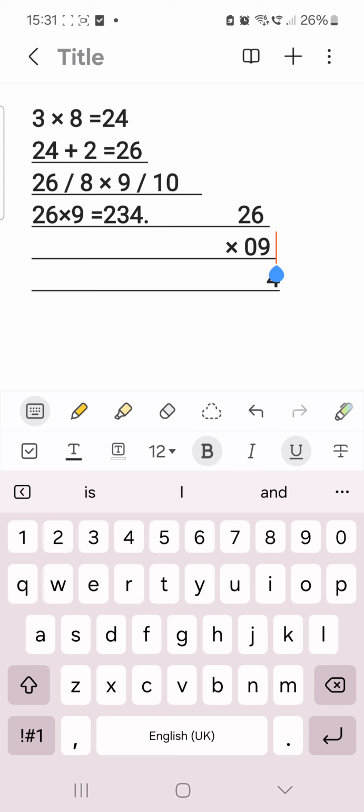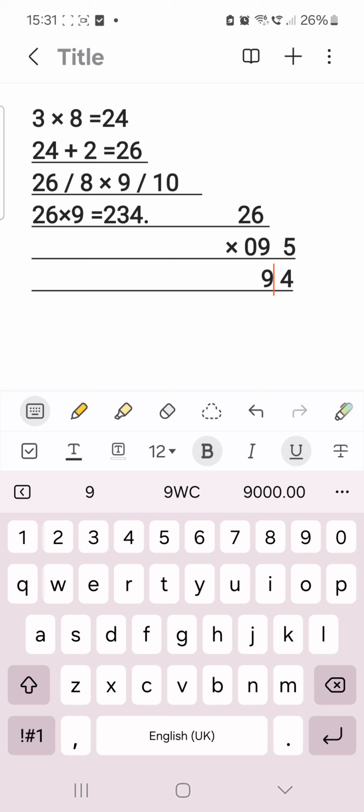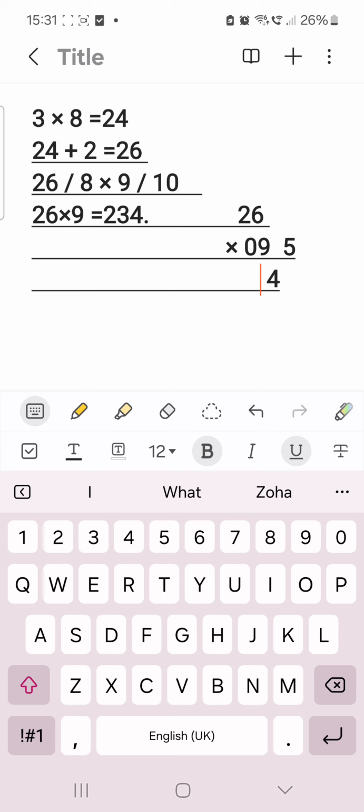But we still have a 5 left. So let's write 5, because we have a 5 left, we're going to figure it out soon. The 9 times 2 is 18, obviously. So we write 8. What's 8 plus 5? 18 plus 5, 23, okay.